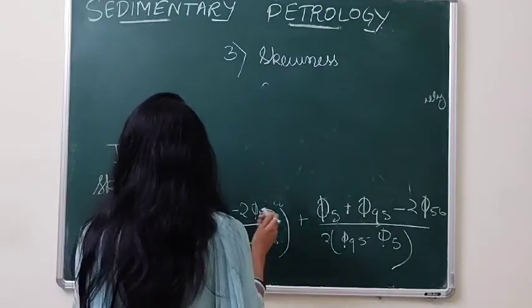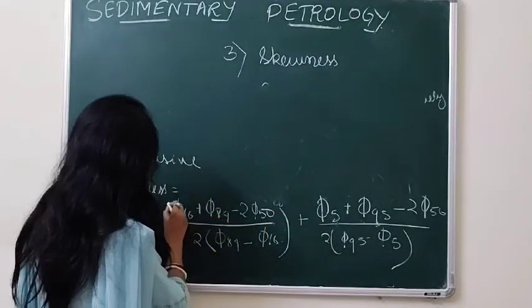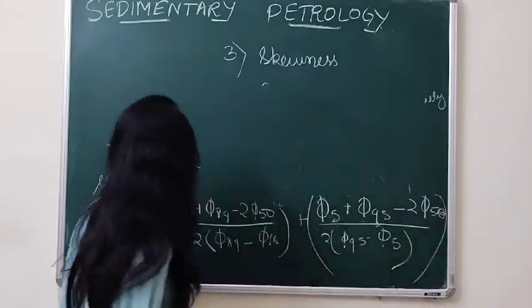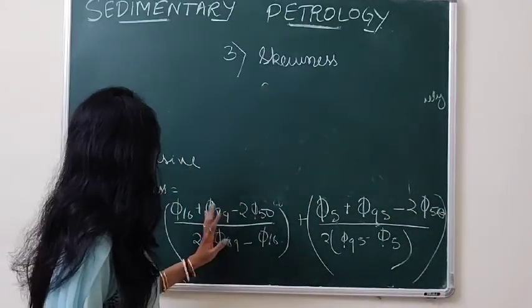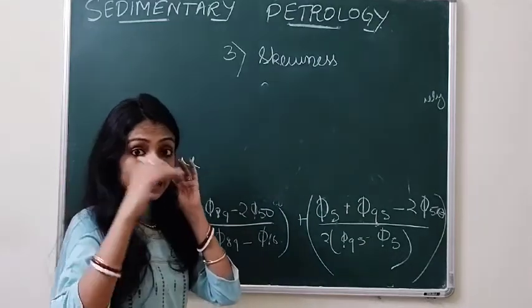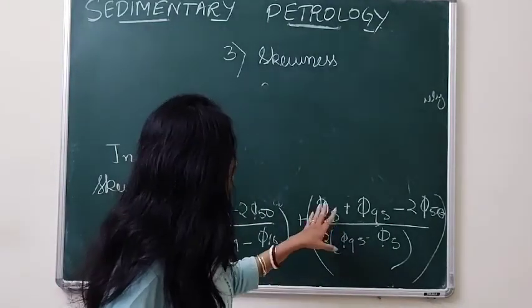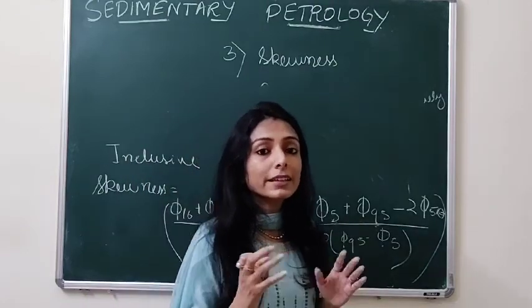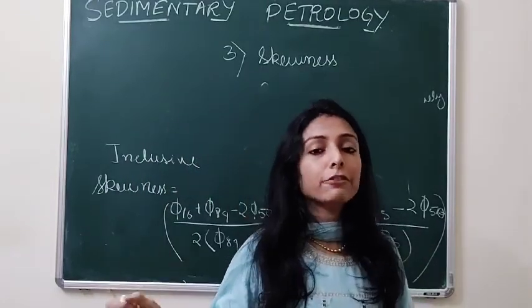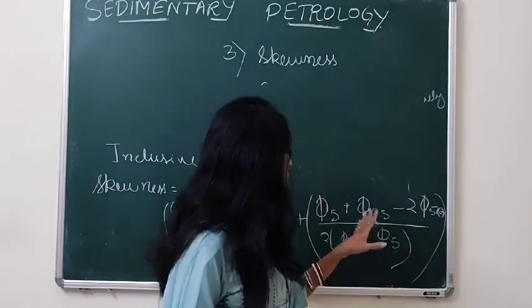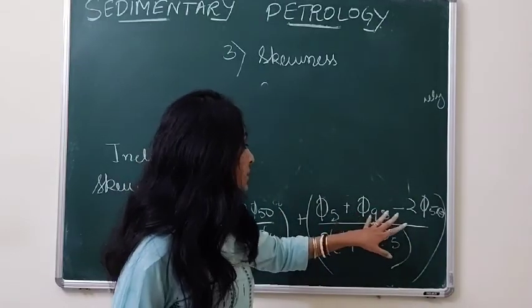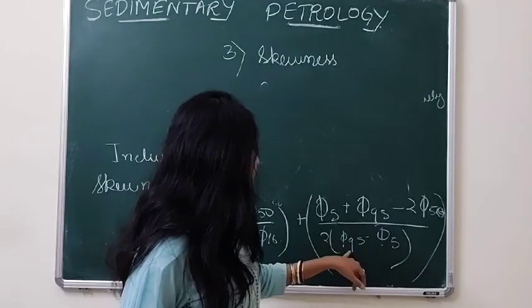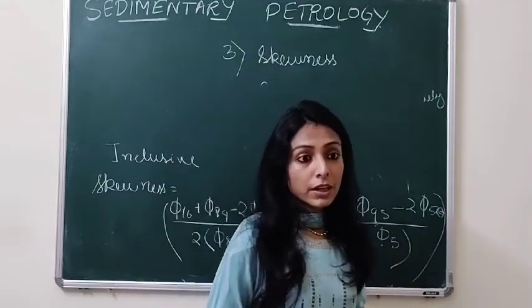So generally, in case of graphic skewness we only consider 84 and 16, just like your standard deviation. But in case of inclusive skewness, because maximum skewness occurs in the tail region, that is around 95 or 5, we also include this factor, φ5 plus φ95 minus 2φ50 divided by twice φ95 minus φ5.